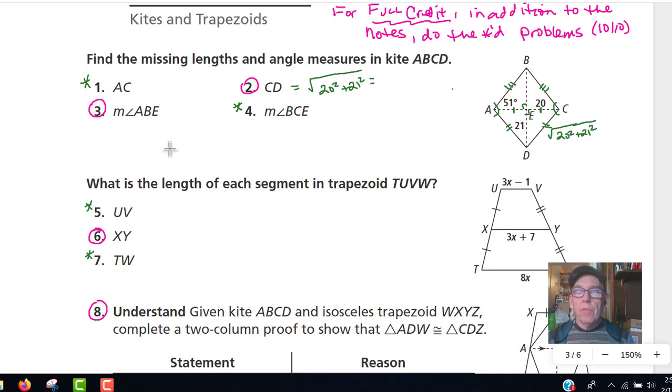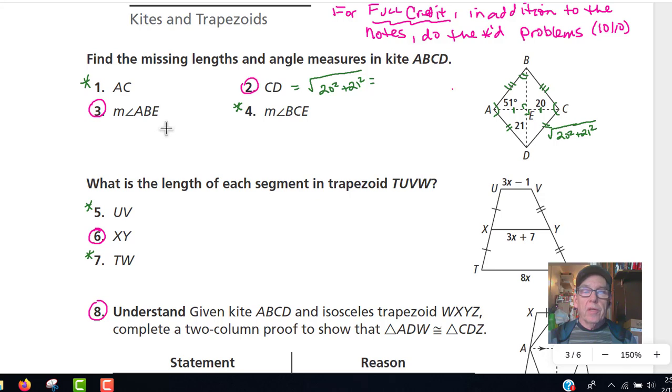So get number 3, the measure of angle ABE. Here's angle ABE, this angle here that they're talking about. This is a right angle. This is a 51. That gives 141 degrees. Altogether in this triangle, they have to add up to 180. So 180 take away 141 comes out to be 39 degrees.